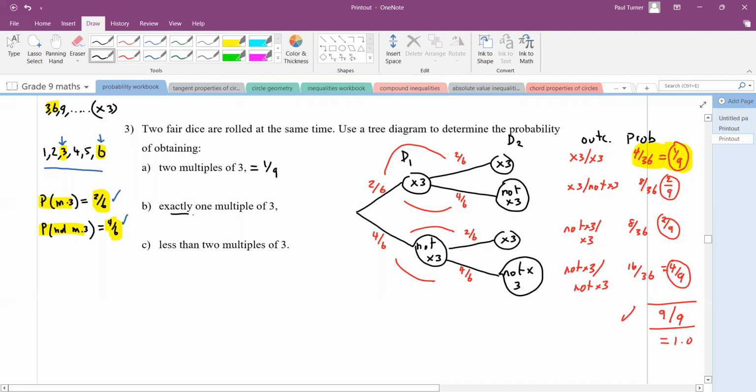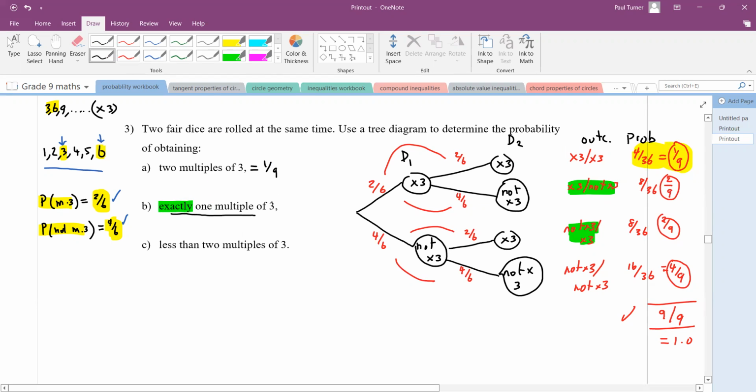Exactly 1 multiple of 3. Exactly 1. In this case, you cannot have 2 multiples of 3. So when we look at our tree, that could only be 1 multiple of 3 here and 1 multiple of 3 here, but not the first one because that's 2 multiples of 3. The key word there is exactly 1 multiple.